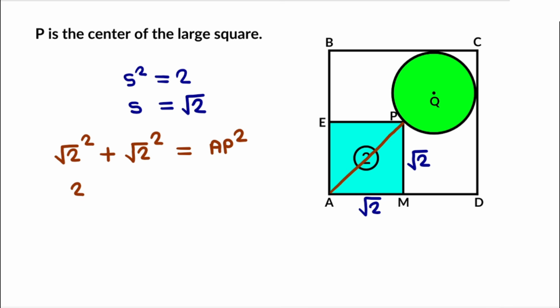That's 2 plus 2 equals AP squared. So, AP squared equals 4. Taking the positive square root, AP equals 2.